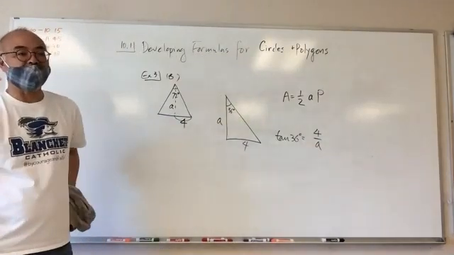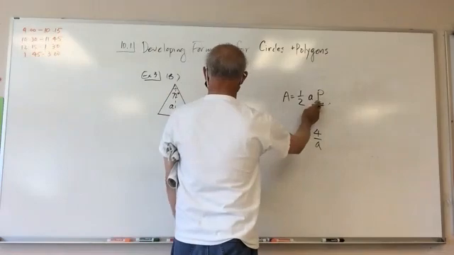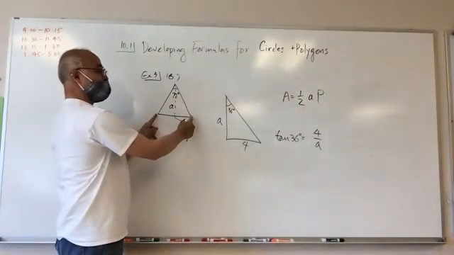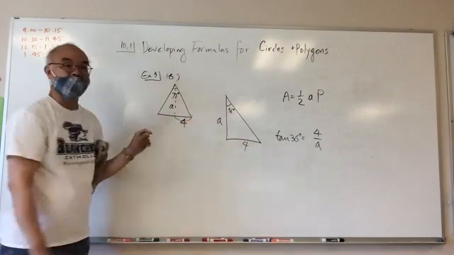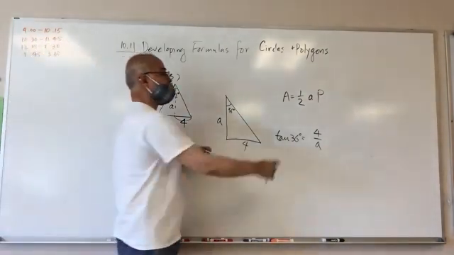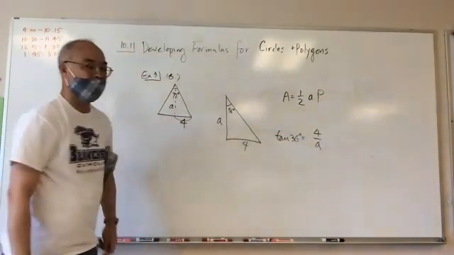Trying to find A. I'm still trying to find the length of A because I know what the perimeter is. The perimeter is what? I have 8 times what? How many sides? 5, right? So this is going to be 40. I know this is 40 already. I just need to find A.